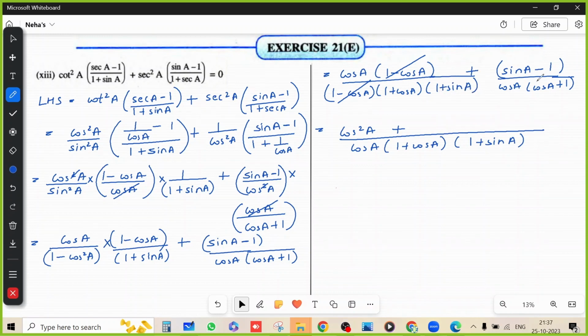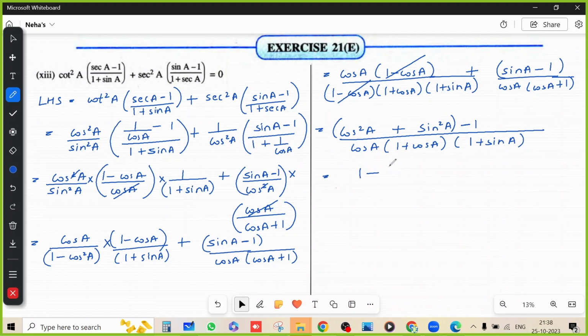So sin A plus 1 into sin A minus 1 is equal to sin square A minus 1 square, that is equal to sin square A minus 1. This is by applying the formula A plus B into A minus B is equal to A square minus B square. Now we know that cos square A plus sin square A is equal to 1 by the trigonometric identity.